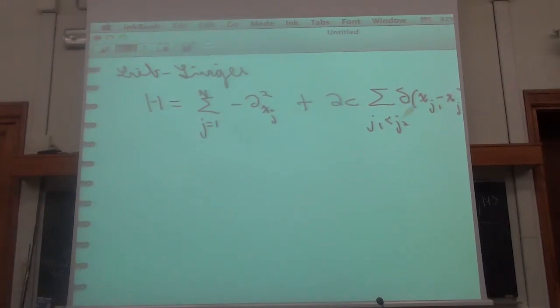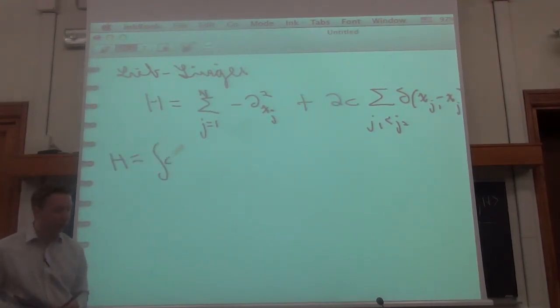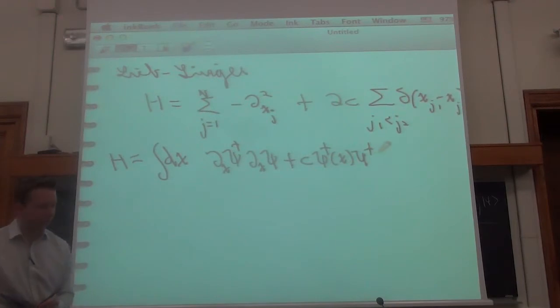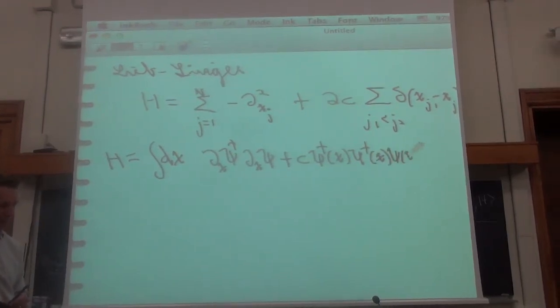So, of course, this has an equivalent second quantized formulation. You can also write it in the following way, as a field theory, just the integral dx, you can use a symmetric part here, dx psi dagger dx psi, plus c psi dagger of x psi dagger of x' psi of x' psi of x.